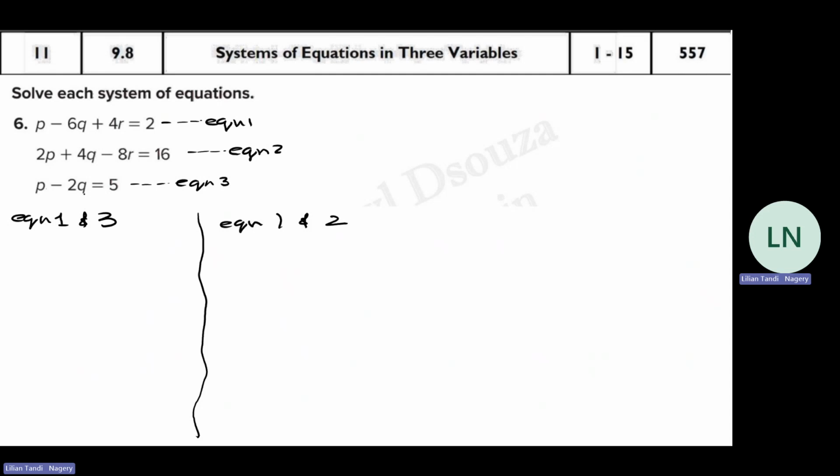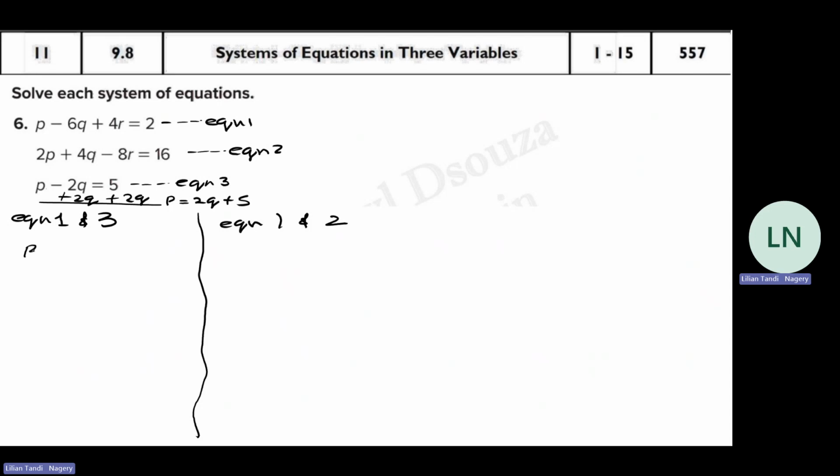Okay. So plus 2q, plus 2q. So P equals 2q plus 5. So I'm going to put this in equation 1 here.